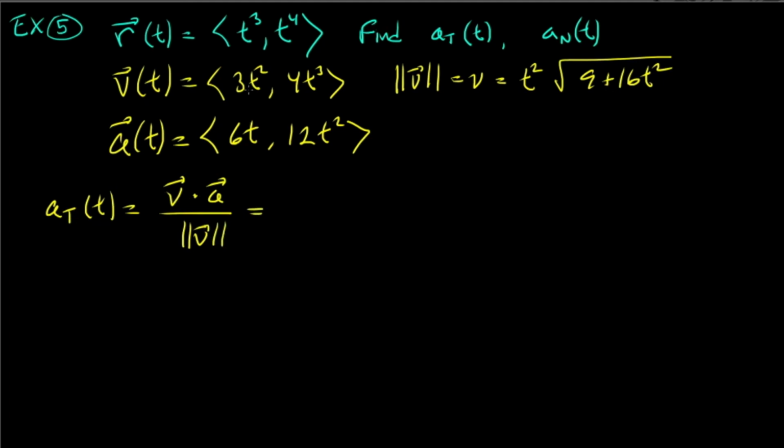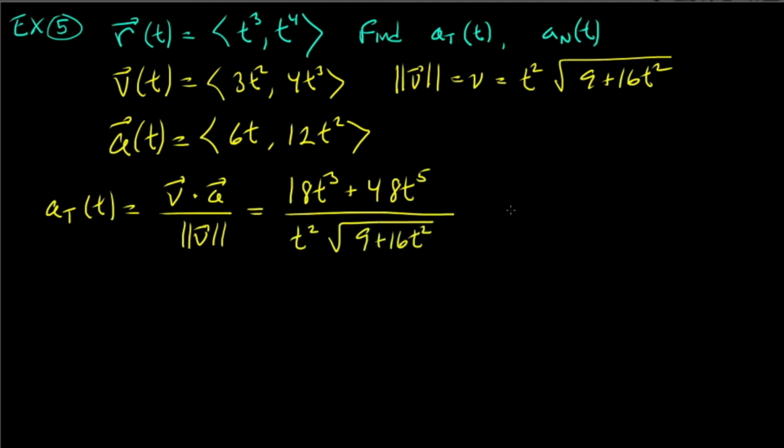So this is just going to be, let's see, 3t squared times 6t is 18t to the 3 plus 48t to the 5, all divided by the magnitude of v, which is this thing here. Right? And I think we can cancel 2 of the t's here. So anything else we can factor out?